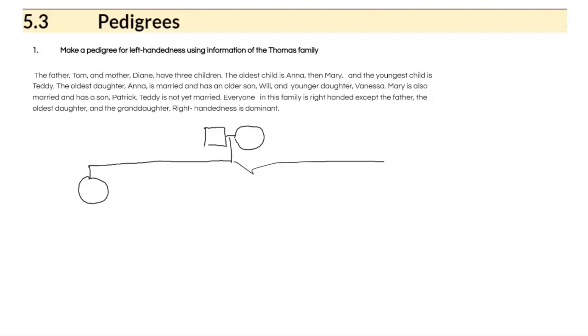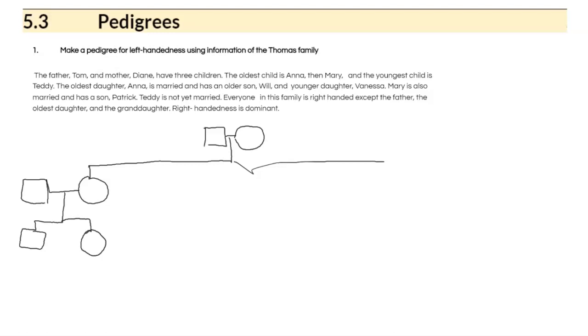She is married, so I'm going to show her as married, and she has an older son, Will, and daughter, Vanessa. There we go.